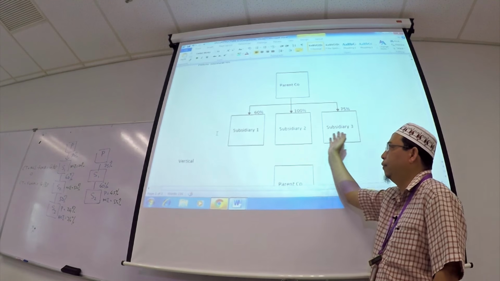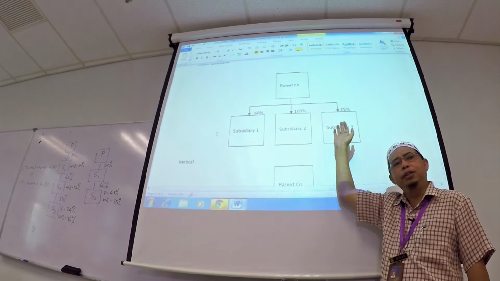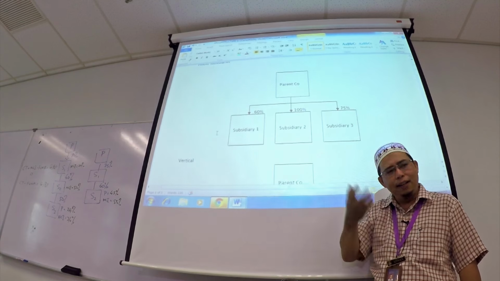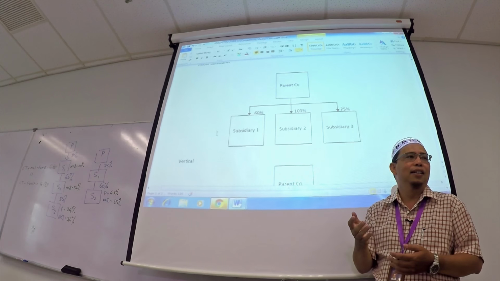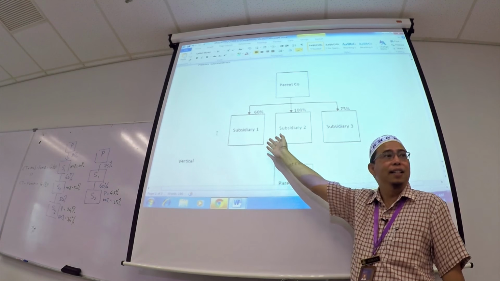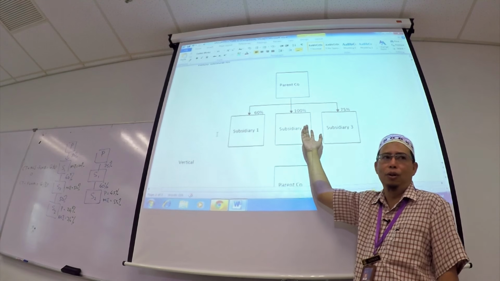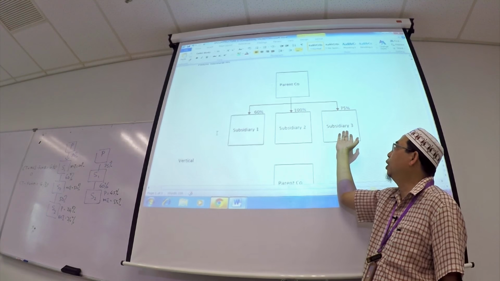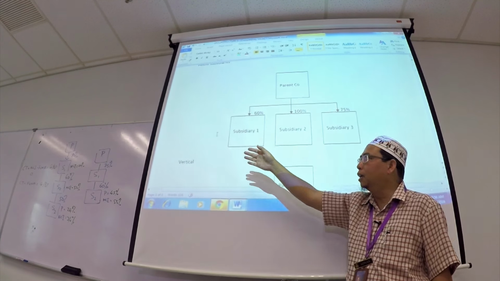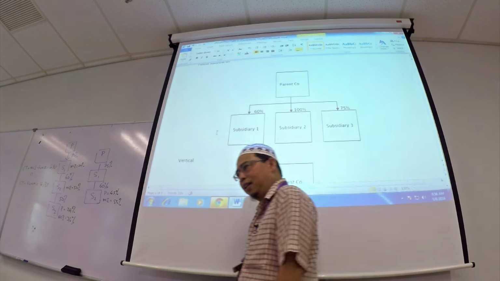Okay, so now if you have these 3, 1, 2 and 3, you still need to prepare 3 times the calculation. But for this one, is easier. This one 40%, this one no NCI, this one 25%. So this is the number that you insert in the schedule.